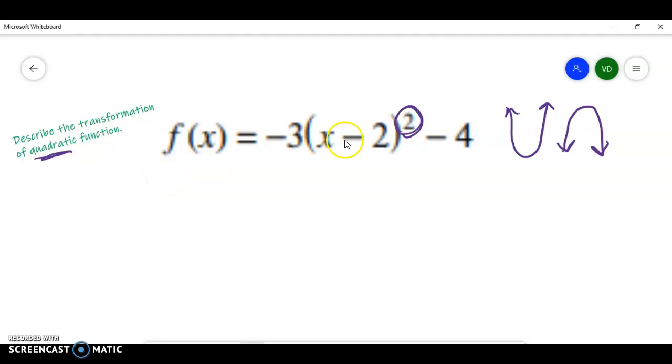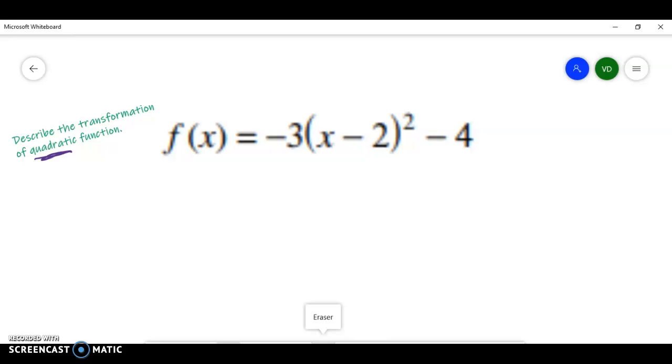Next, I'm going to erase this so we have a clean slate. Anytime my directions tell me to describe the transformation or apply the transformation, that just means we're changing our original parent function.